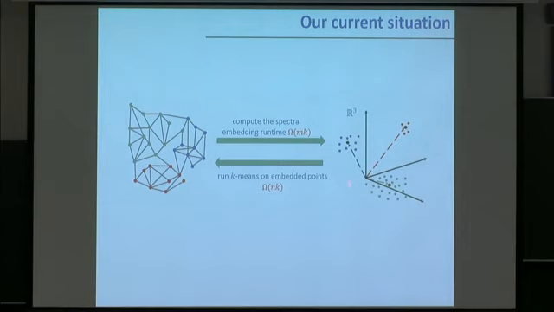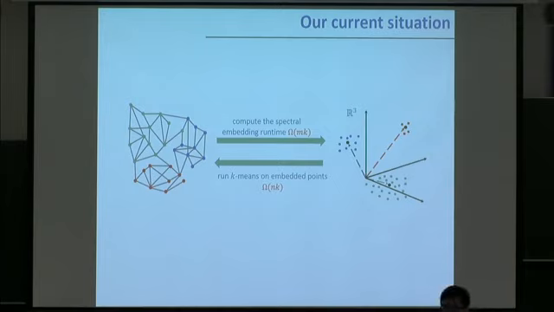Secondly, we need to apply the k-means algorithm in a geometric setting, and this k-means algorithm runs in at least n times k time. So as you see here, for small values of k, for instance if k is 3 or 4, these two approaches imply a linear time algorithm. However, for large values of k, for instance if k equals square root of n, these two approaches run slowly.